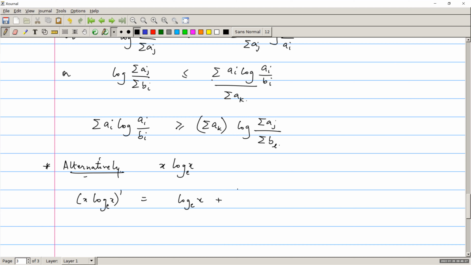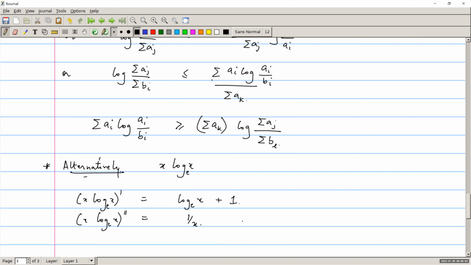Yeah, log of x plus 1. So the derivative of x log x is, I just take the derivative with respect to x for the first one, and the other one is 1. The second derivative is just 1 over x.